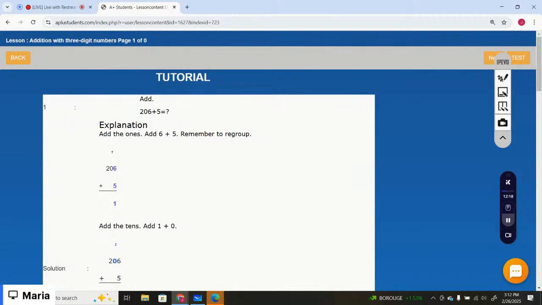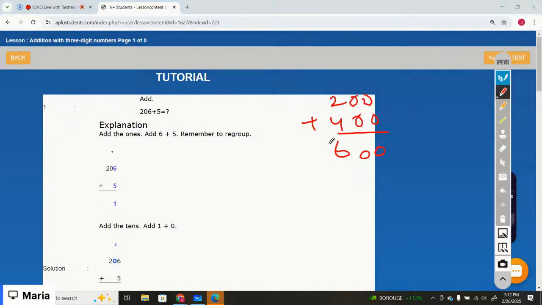Add 206 plus 5. So let's just write them down one above the other. Now add the ones. 6 plus 5 makes 11. Write 1 over here and carry 1. 1 plus 0 is 1, and then you have to write 2. That is 211.